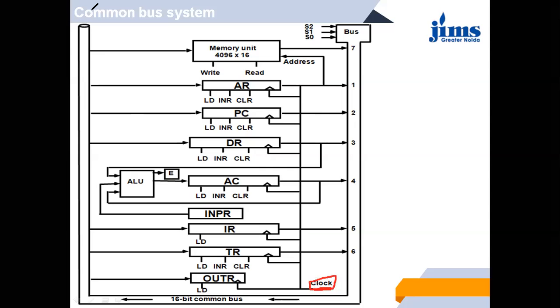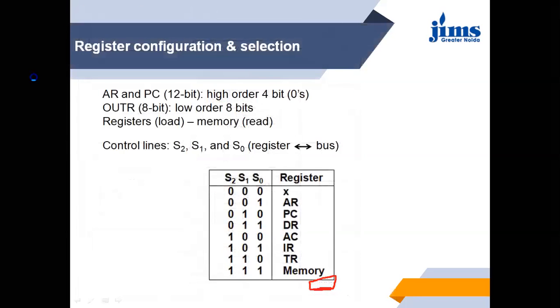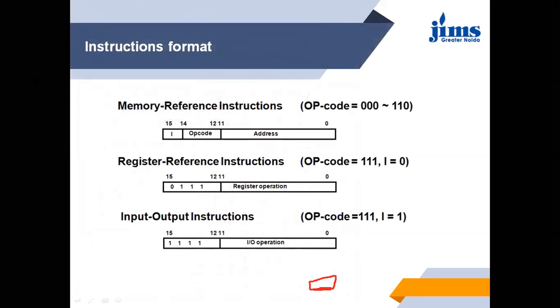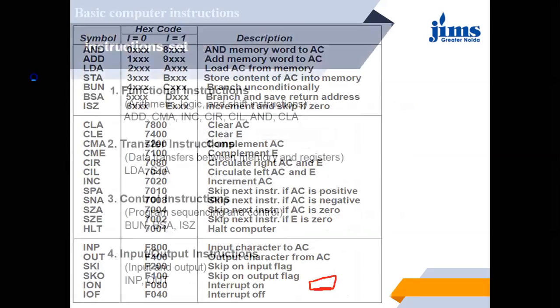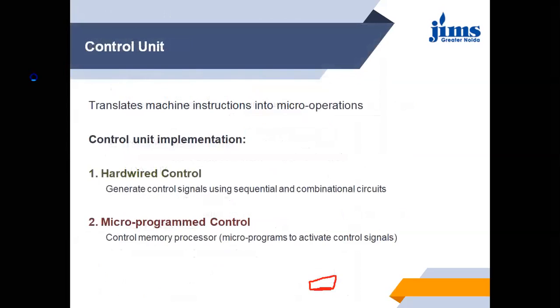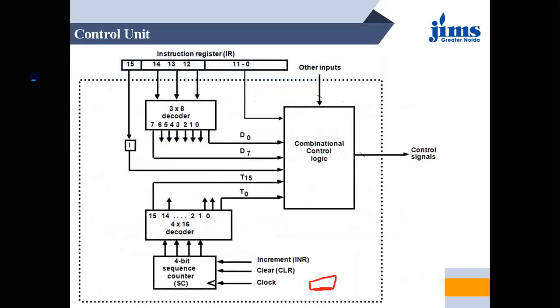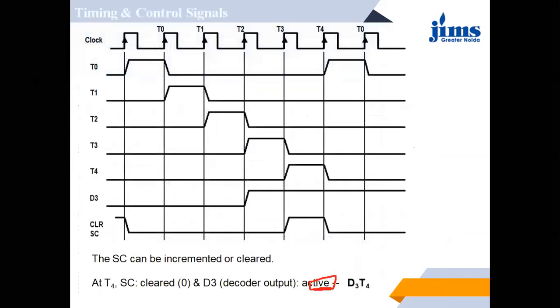So now we will discuss the clock, how the signals are going to be produced, and when the operations are going to be performed depends on the signals and the timings of the signal.